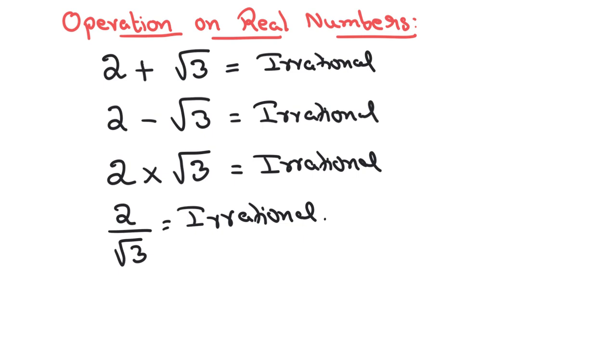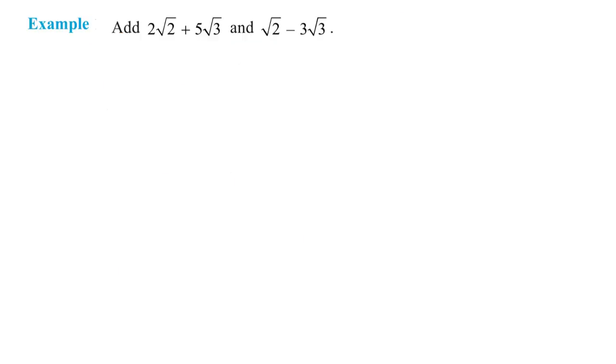Fine. Now, how do we add two real numbers then? How do we multiply? How do we divide? Let us see the operations now. Let's work out this example. Add 2 root 2 plus 5 root 3 and root 2 minus 3 root 3.